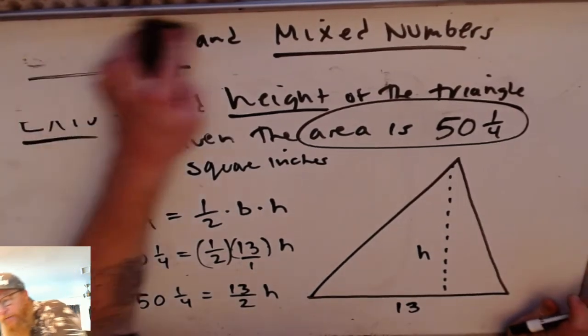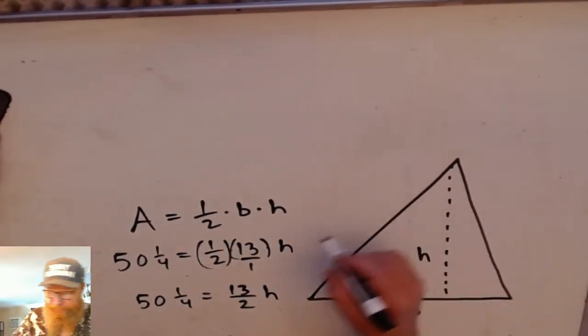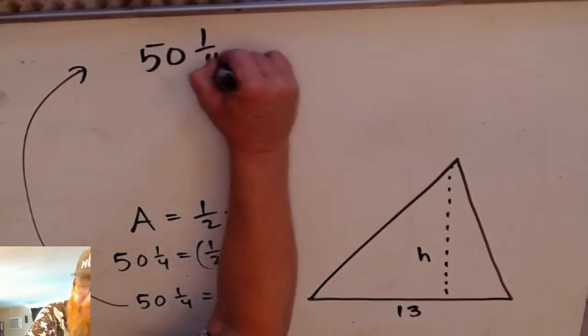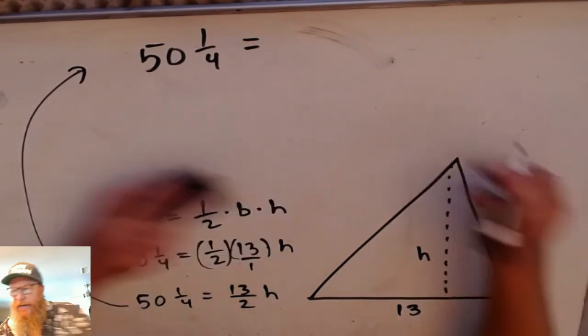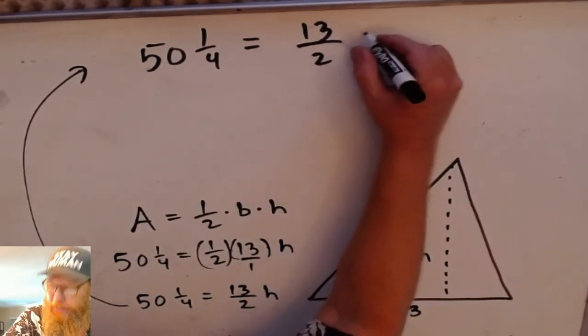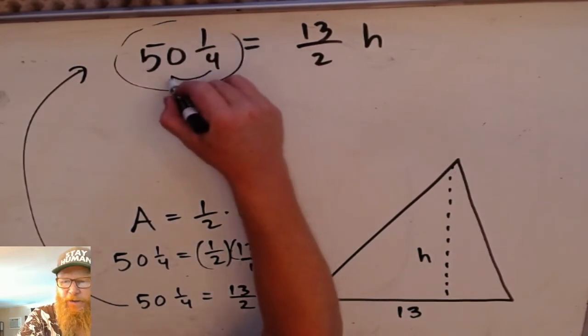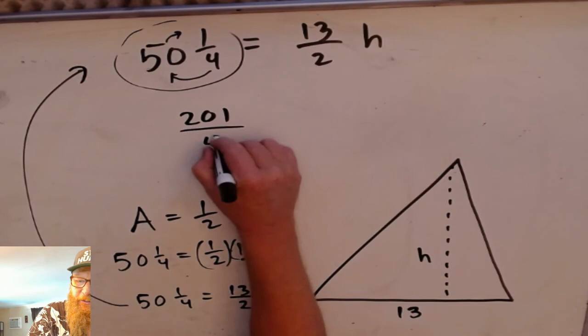So what I recommend doing is converting the mixed number into an improper. So convert this into an improper. It's a nice review of what we did earlier in the chapter.